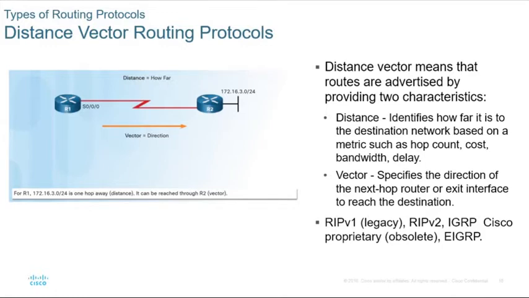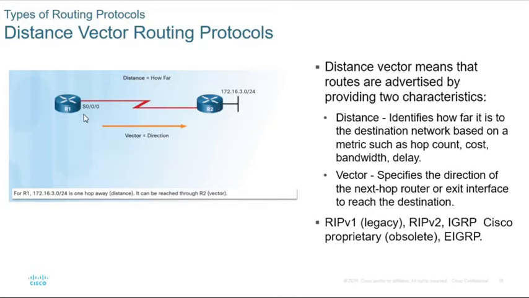Routers running distance vector don't have any knowledge of the entire path to a destination network. In an analogy, R1 only knows the distance from R1 going to R2, but doesn't have the entire map of the network.